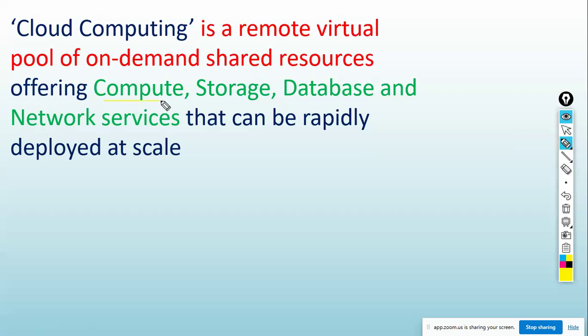Compute, server, storage, database, and network services can be deployed in a fraction of a minute, at scale, meaning at a large scale. If you take one server, you can go from one server to thousands of servers in a minute, at any given point of time. That is the meaning of this.